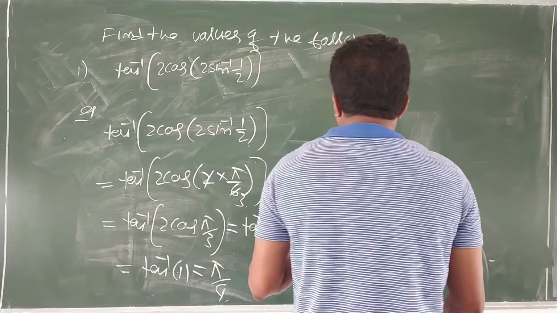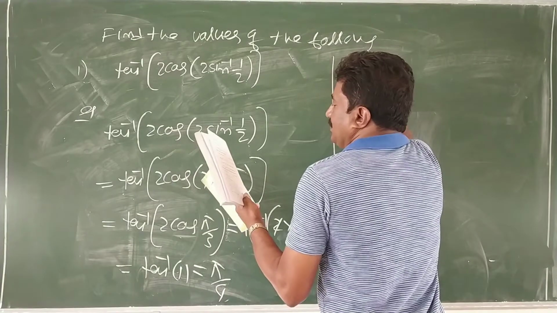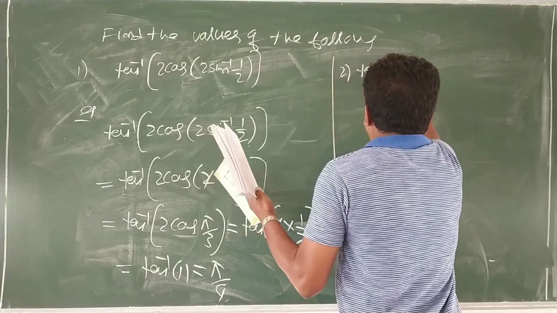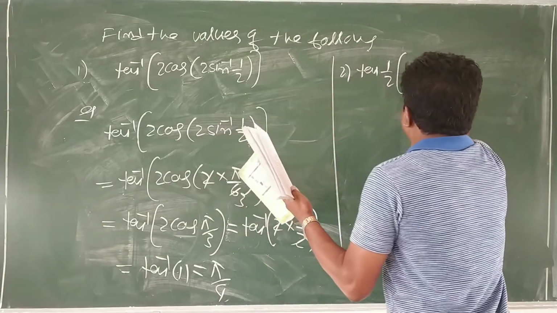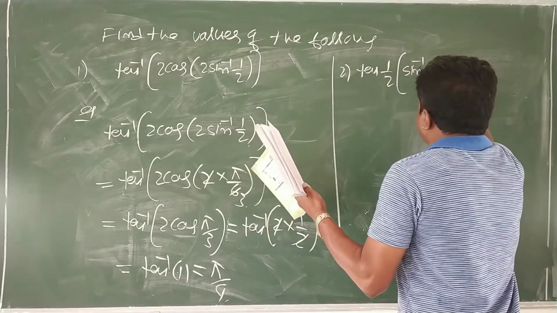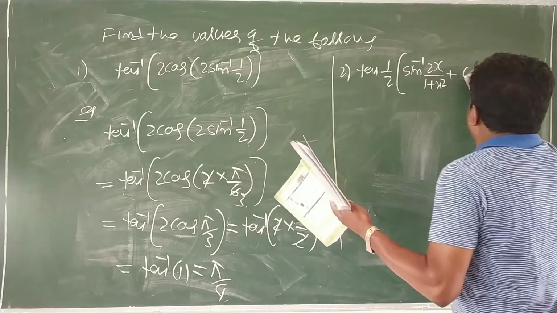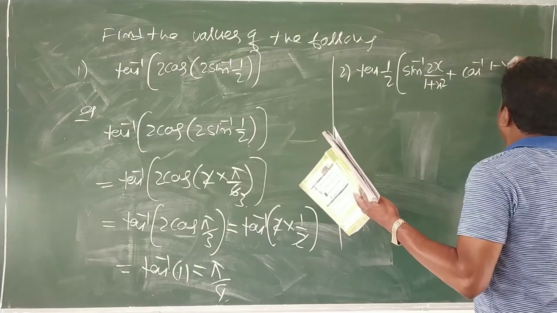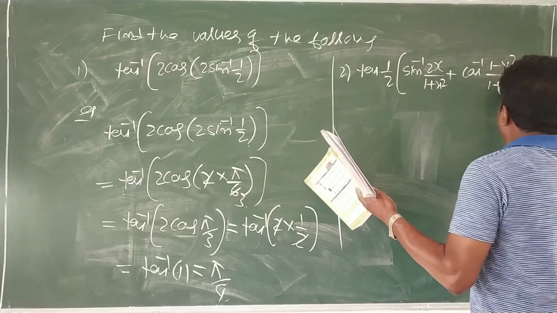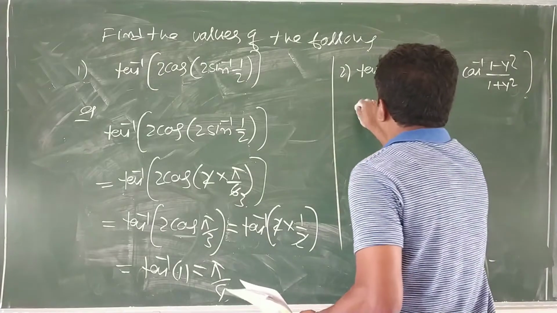Solve one more question. Second question: tan of 1 by 2 into sine inverse 2x by 1 plus x square plus cos inverse 1 minus y square by 1 plus y square. Solution.